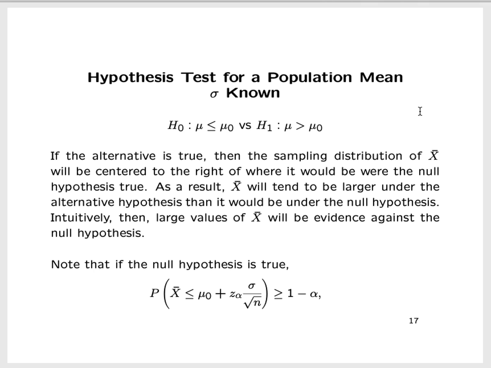Well, this is where we go back to what we know about the sampling distribution of x bar. We know that if the null hypothesis is true, then the probability that x bar takes on a value less than or equal to mu sub 0 plus z sub alpha times the standard error of x bar will be at least 1 minus alpha.